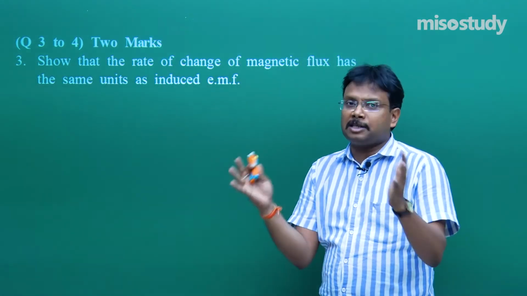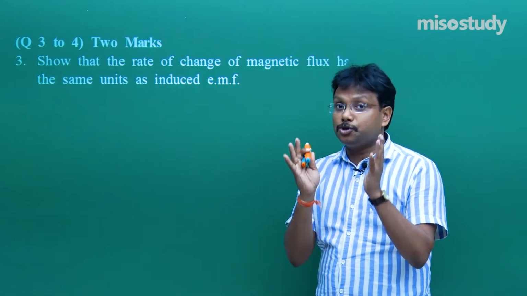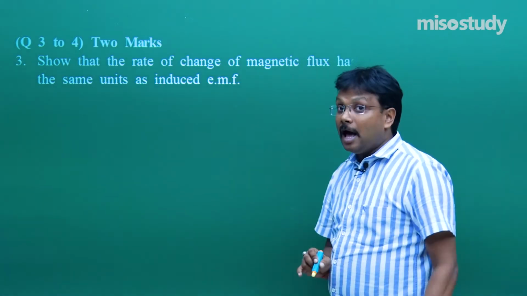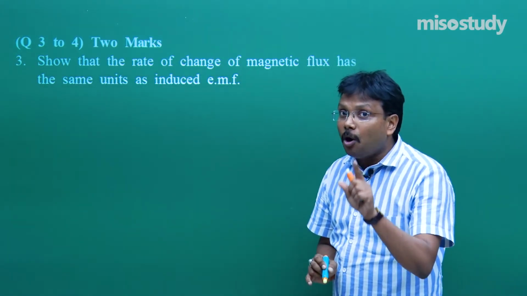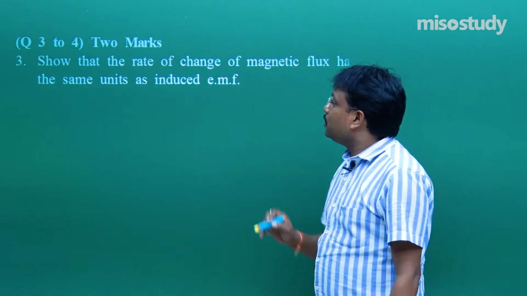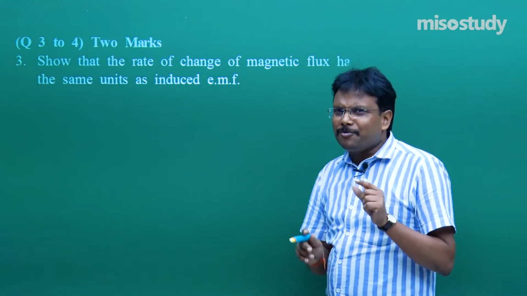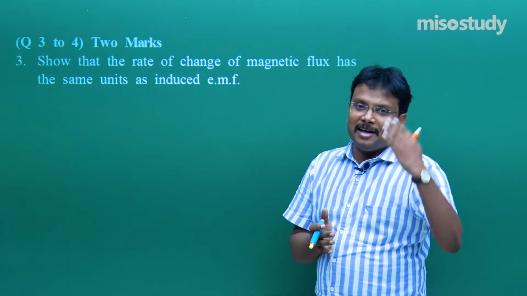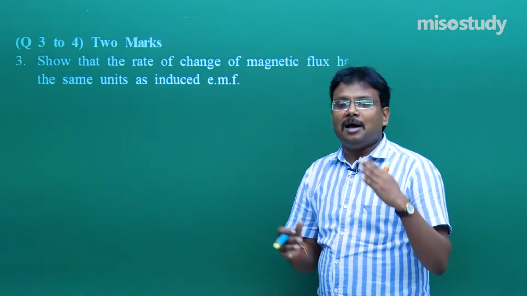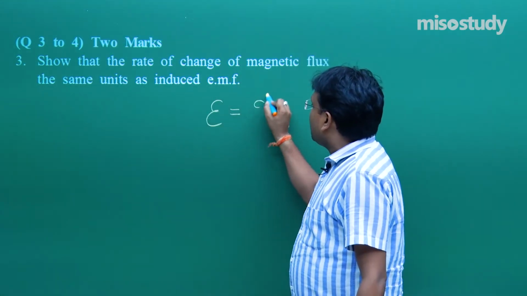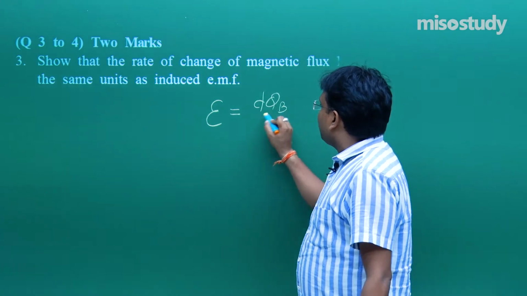All these types of quantities, you should know their dimensional formulas. So show that the rate of change of magnetic flux has the same units as induced EMF. Do you not think both are correlated? Basically we are saying left hand and right hand part. Actually, EMF is d phi b by dt.